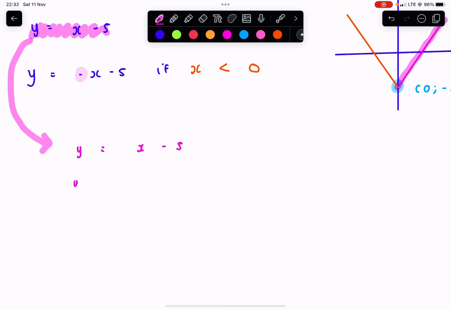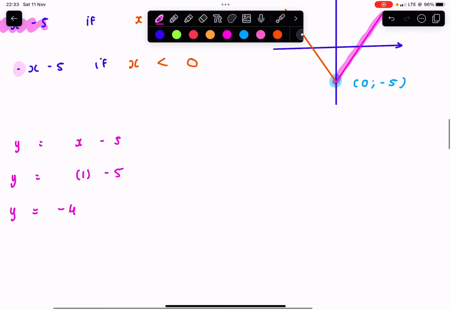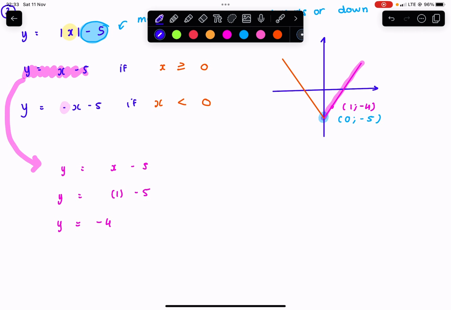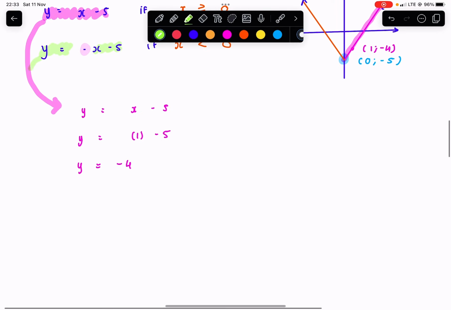And so we're going to say something like y equals 1 minus 5, and then you get y equals minus 4. So we can draw a little point. We can say 1, minus 4. Remember, I explained to you how important it actually is that you are writing your points down. Then we're dealing with the second equation, which is y equals negative x minus 5.